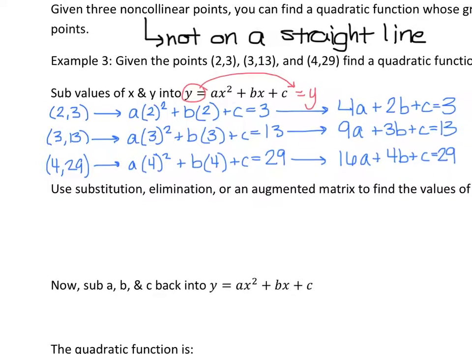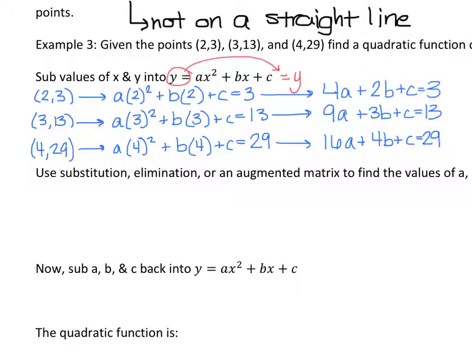Phew! But now we have 3 equations with 3 variables, and they're all lined up perfectly. It says use substitution, elimination, or an augmented matrix to find the values of a, b, and c. You want to go with augmented matrix?